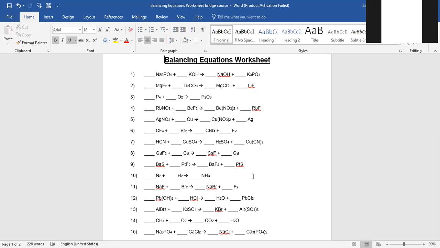First, you have to do the balancing of the equations, that worksheet completely. Then, after finishing this, take the individual compounds like Na3PO4. What is the name of the Na3PO4? You should write that one also.